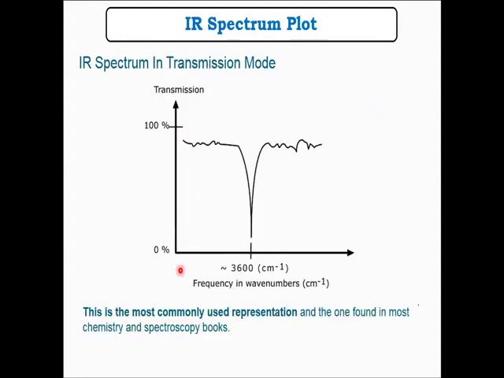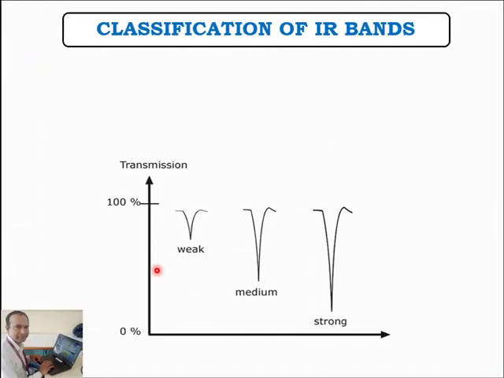IR spectrum in the transmission mode. This is the most commonly used representation and one found in most chemistry and spectroscopic textbooks and reference books. In the IR spectrum or plot, we observe many peaks of different shapes, sizes and heights.